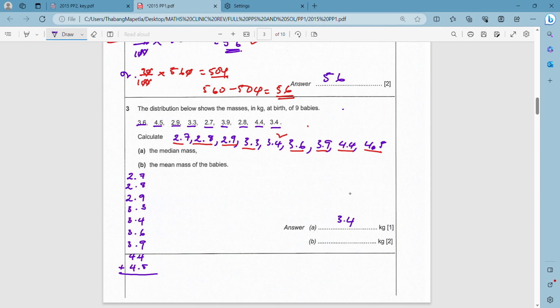7 plus 8 is 15. 15 plus 9 is 24. Can you confirm? 15 plus 9, yes, 15 plus 9 will be 24. Then plus 3 it will be 27, plus 4 it will be 31.